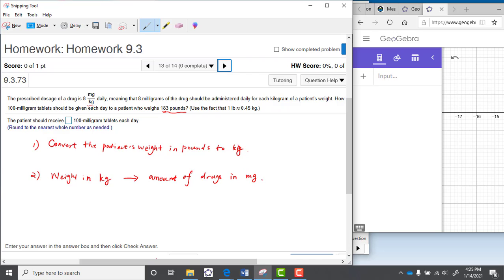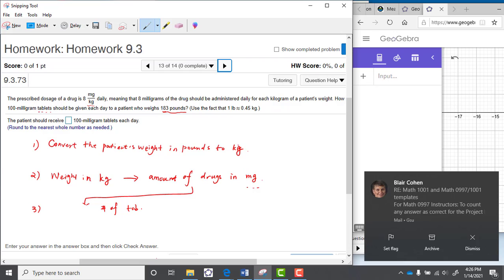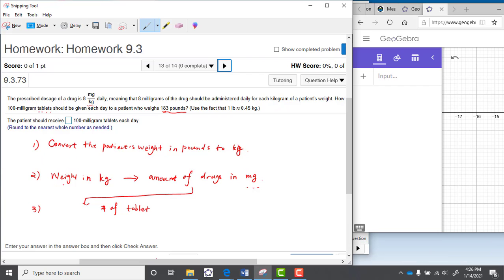Then, since the drug is administered in tablets, from the answer of the second step we can figure out the number of tablets.